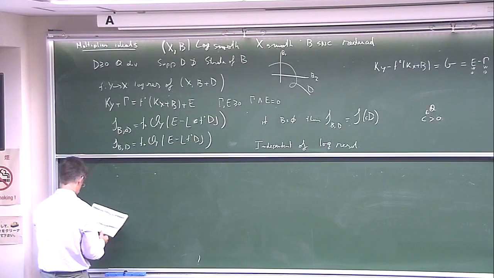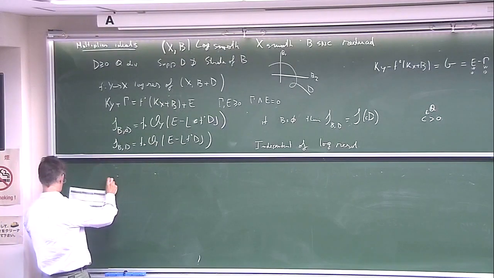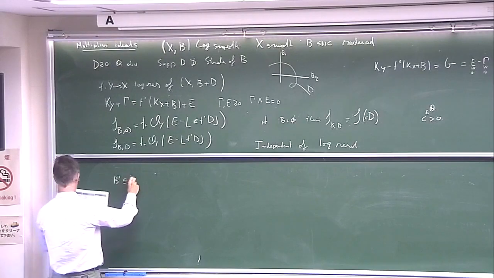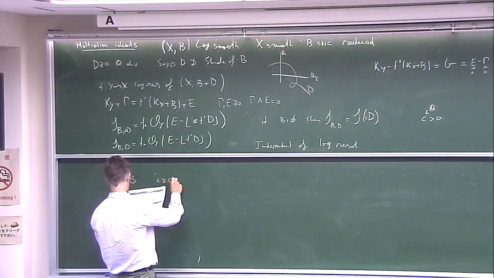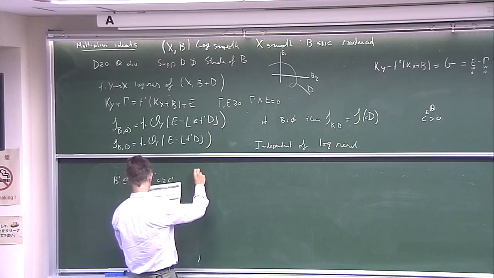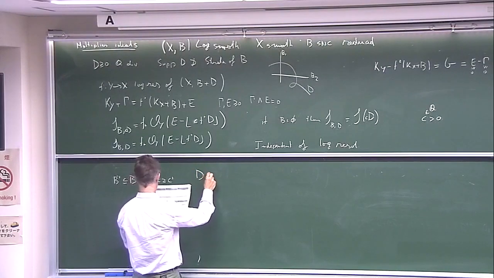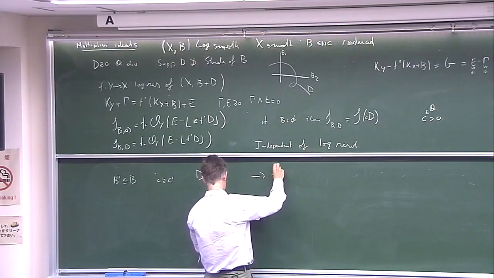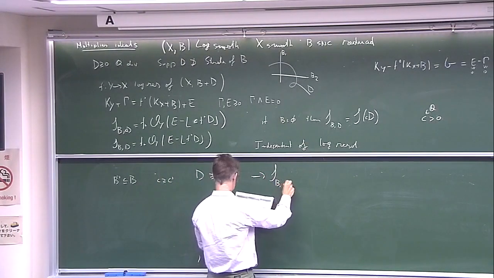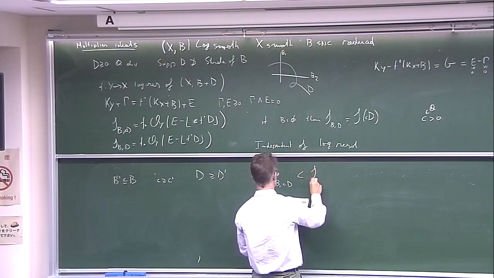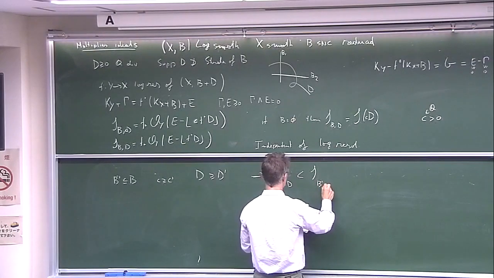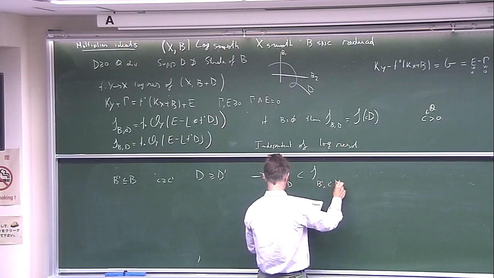Now, for example, we should be able to check the following. Suppose that we have B prime less or equal to B, C greater or equal to C prime, and D greater or equal to D prime. Hopefully I got all the inequalities right. Then it should be clear that the ideal corresponding to B, C, D is contained in the ideal corresponding to B prime, C prime, D prime.